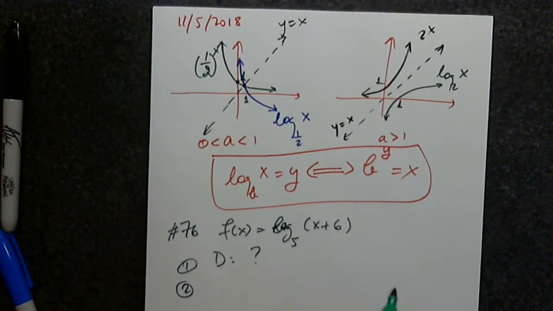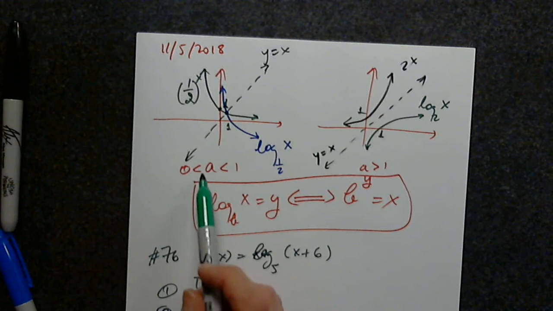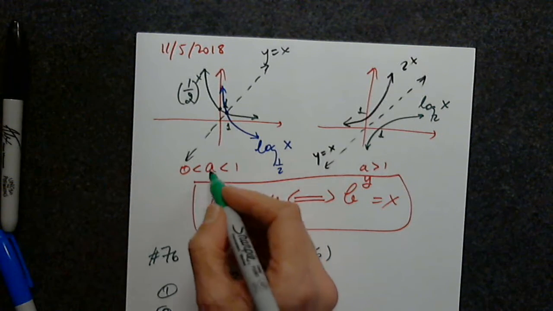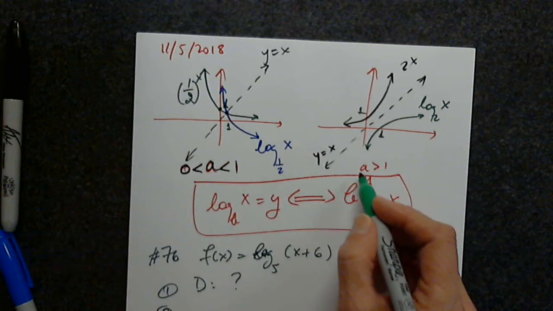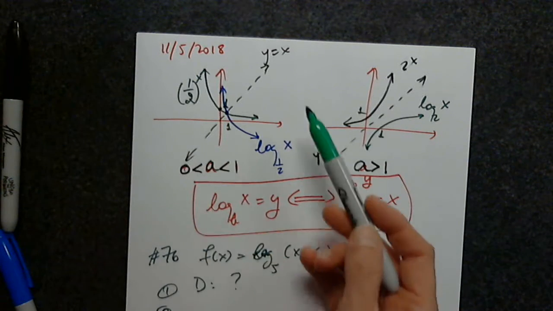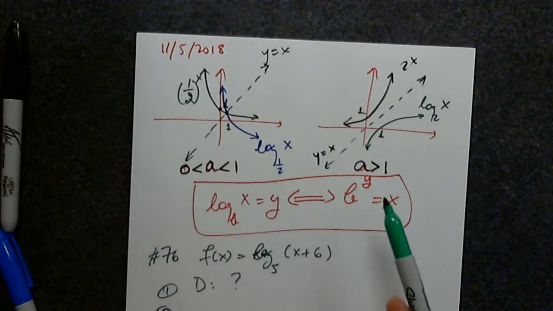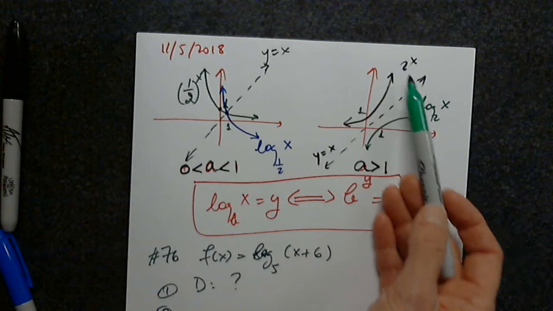So a is a number between 0 and 1, or a is a number greater than 1. If it is between 0 and 1, these are the graphs. If it's between 1 and infinity, these are the graphs for the exponential and log.